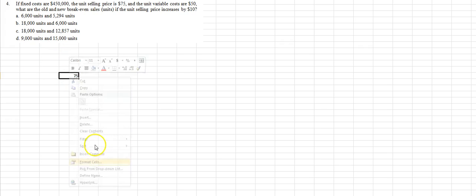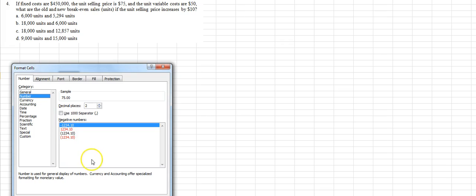That's the first one. That's unit selling price. Let's make this to make sure that we understand. Let's make it currency. And then the second one, it says it increases by 10, right?